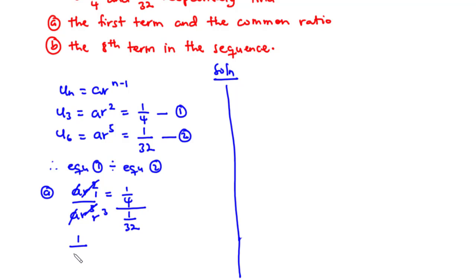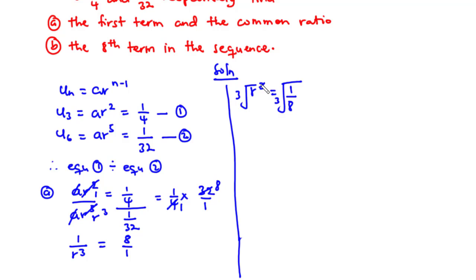So we have 1 over r cube equals, now we are going to take the reciprocal, so we have 1 over 4 times 32 over 1. This goes into itself once, into 32 8 times, so we have 8 times 1, which is still 8. So this is 8 over 1, and then we are going to flip this, so this becomes r cube equals 1 over 8, and then we take the cube root of both sides.